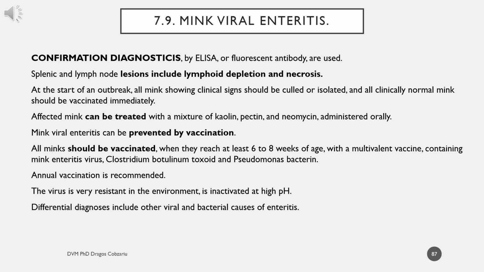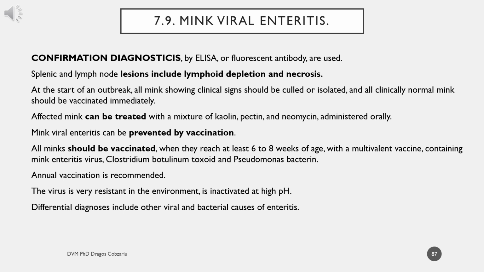At the start of an outbreak, all mink showing clinical signs should be culled or isolated, and all clinically normal mink should be vaccinated immediately. Affected mink can be treated with a mixture of kaolin, pectin, and neomycin, administered orally. Mink viral enteritis can be prevented by vaccination.